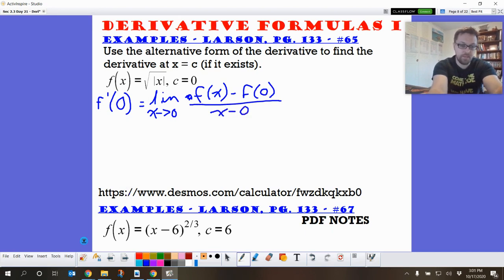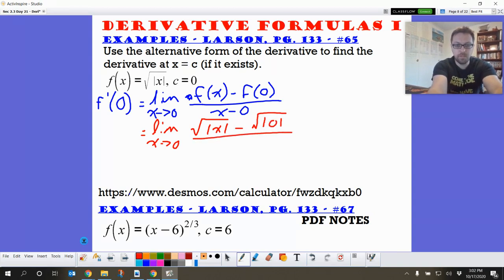Oh, well, that's nice. Everything seems to be going so well in this problem where it's not going to go well. Limit as x approaches 0 of f of x, so that's the square root of the absolute value of x, minus f of 0. So f of 0 is the square root of the absolute value of 0. And then in the denominator, x minus 0, that's just x.